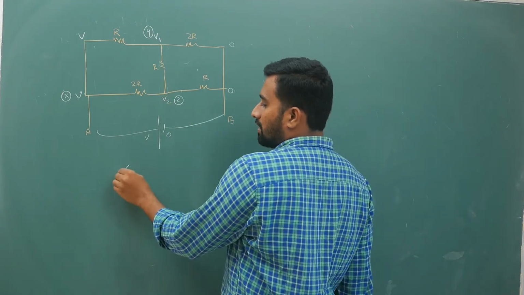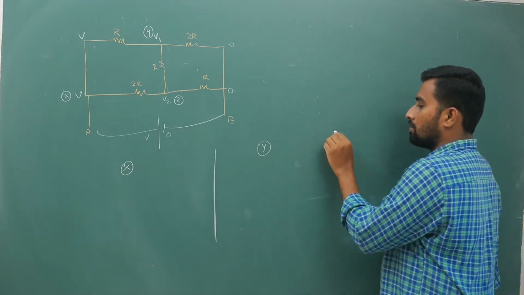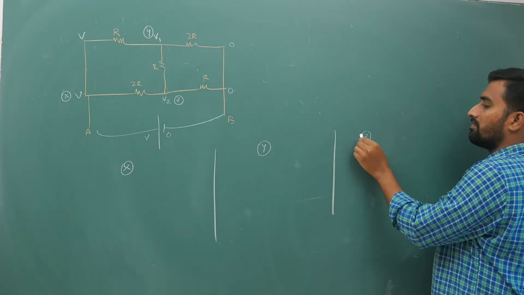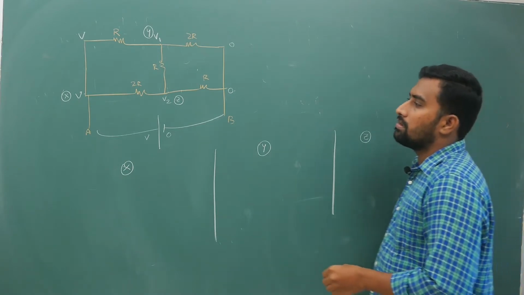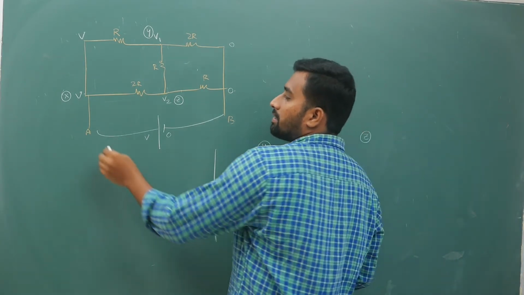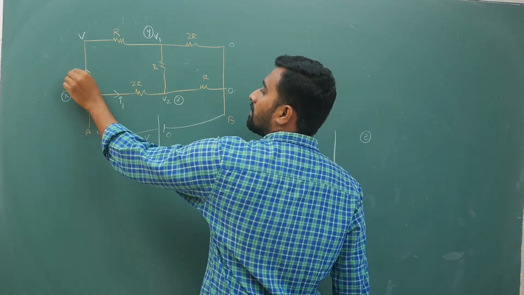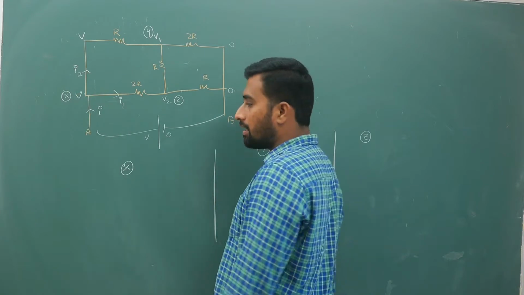Then after identifying nodes, node X, node Y, node Z, your current entering is I, that splits into two parts, one is I1 and the other is I2.